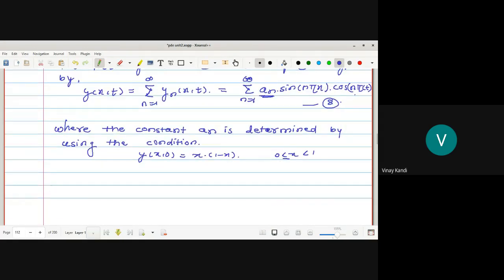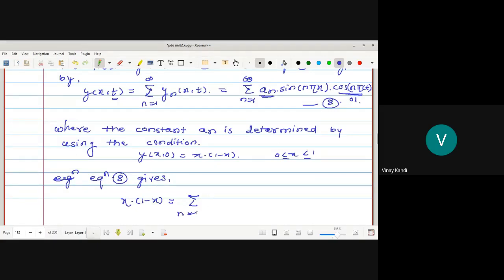So equation 8 gives y of x,0. Put t equal to 0 here. So we get x into 1 minus x is equal to the summation; after putting t, what will come? cos 0, which is 1.